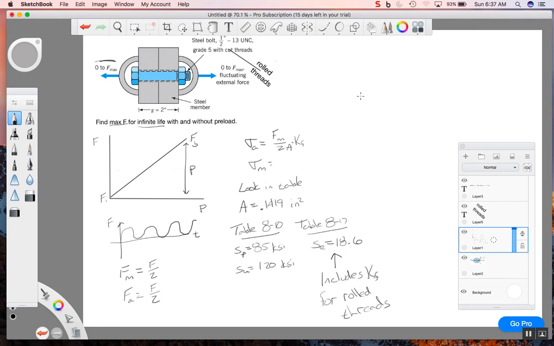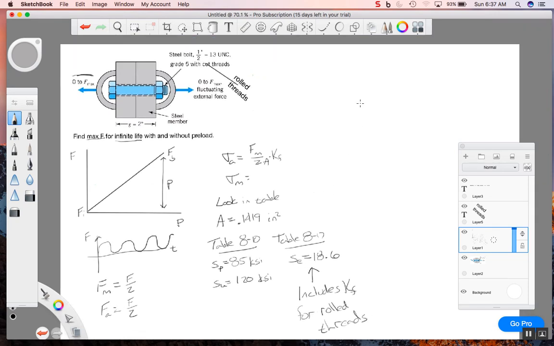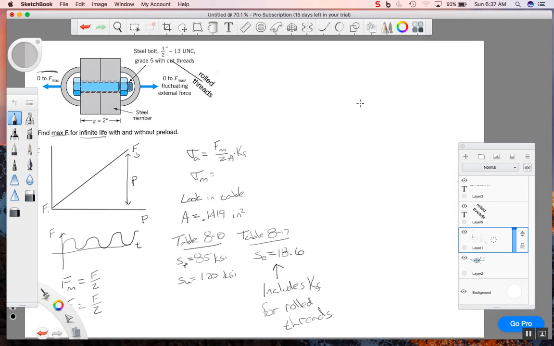Okay, so I want to have a safety factor of 1. What do I want? I know that the equation looks something like stress alternating over S_e plus the stress mean over S_u has to equal 1.